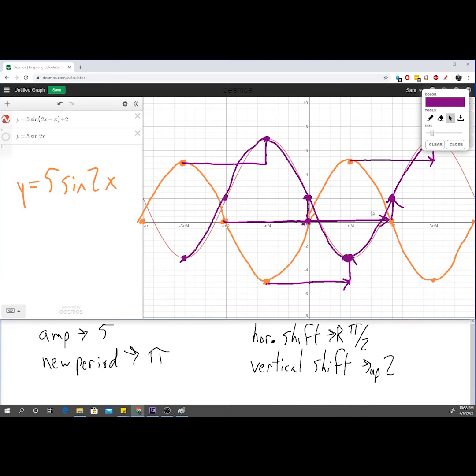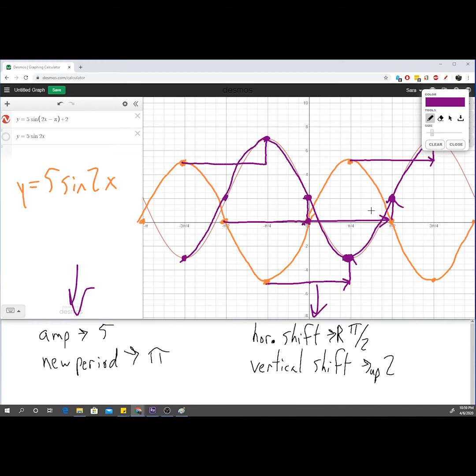Now, one of the reasons that I think it is easier to handle your amplitude and new period changes first, and then your shifts, is that when you start adding them all together, it just gets so complicated with this many pieces that you're dealing with.